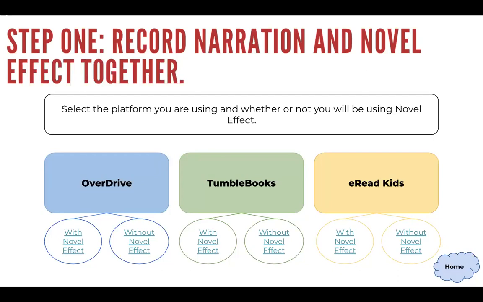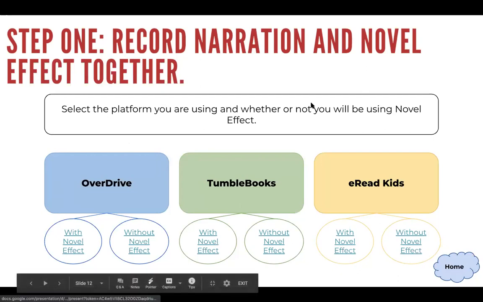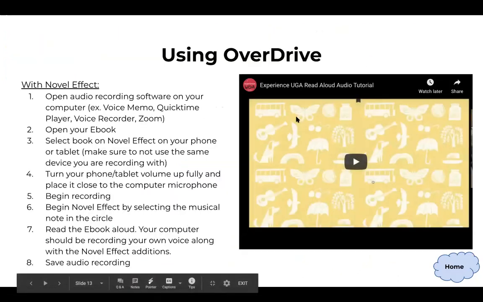So how this slide works is you select which platform you've decided to use and whether you're using Novel Effect or not. I'm just going to go through this. This is where the screen sharing gets complicated. So you will open QuickTime.